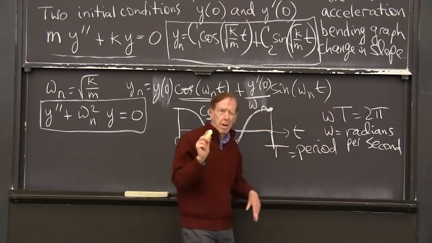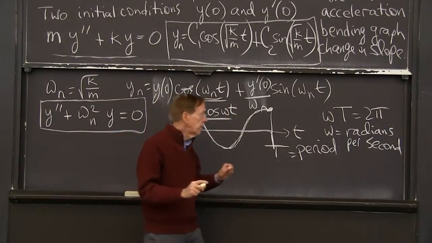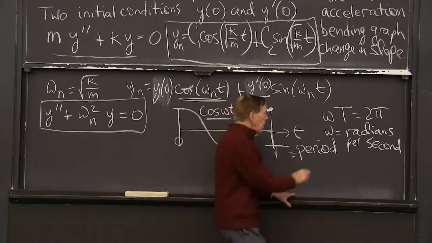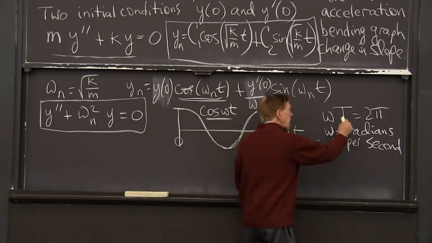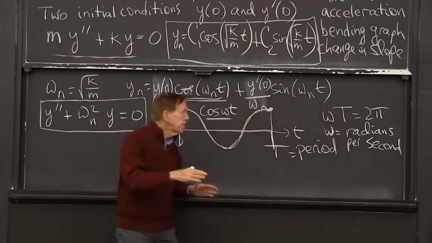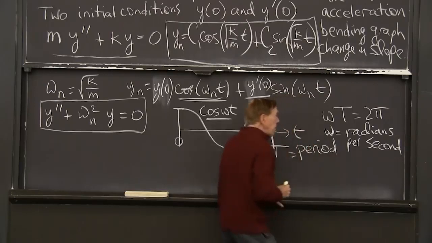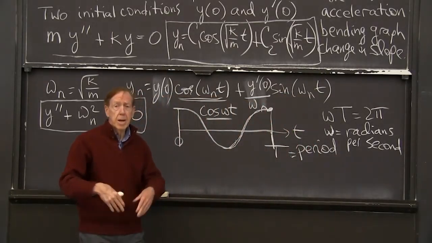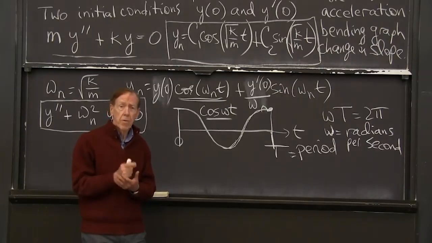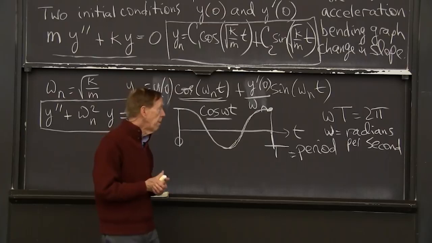Those are the units, and units truly are important to keep track of. When I multiply omega in radians per second by the period T in seconds, I get 2 pi radians. Now, for engineers and in everyday use, there's another frequency called f, for frequency probably.